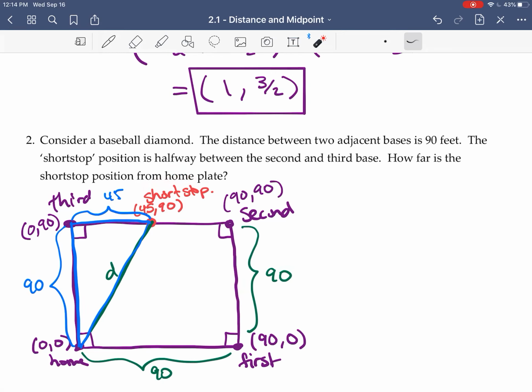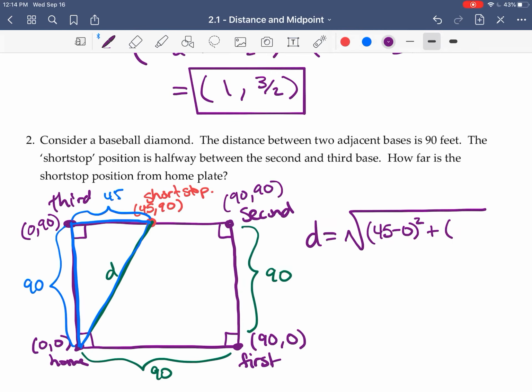Either one. So you can use Pythagoras' theorem, or you can use the formula for the distance, which is probably what I should do. So D is going to be the square root of the difference in the x values, so that's 45 minus 0 squared, plus the difference in the y values, which is 90 minus 0 all squared.